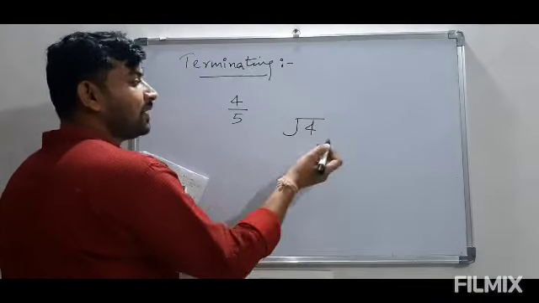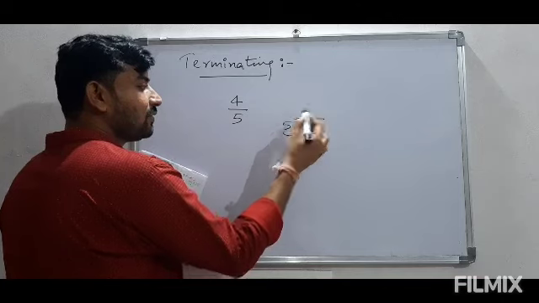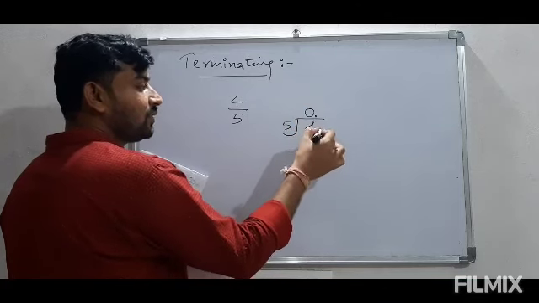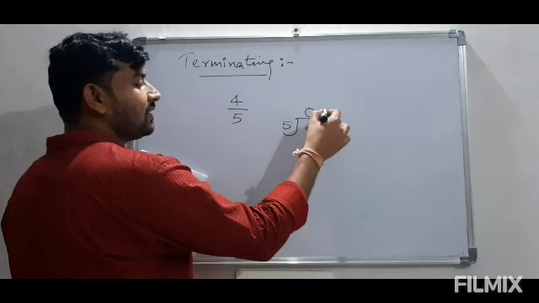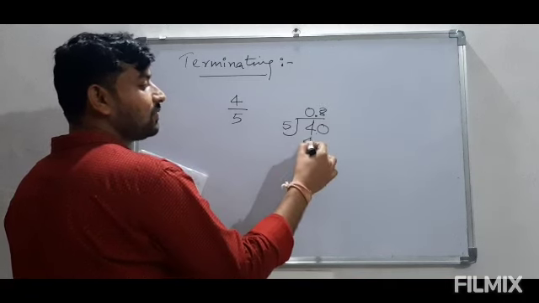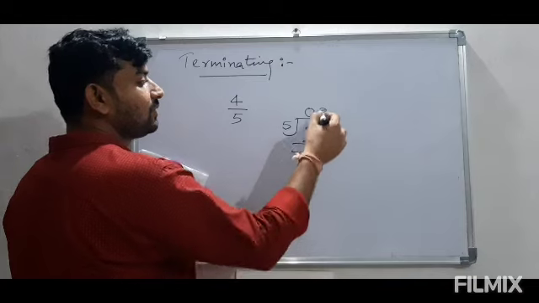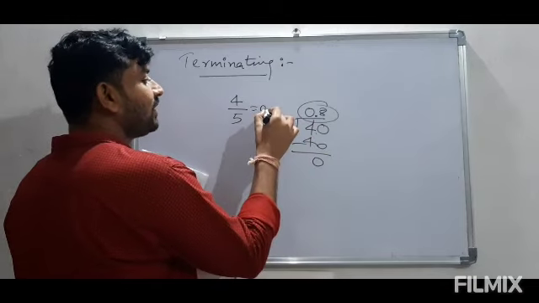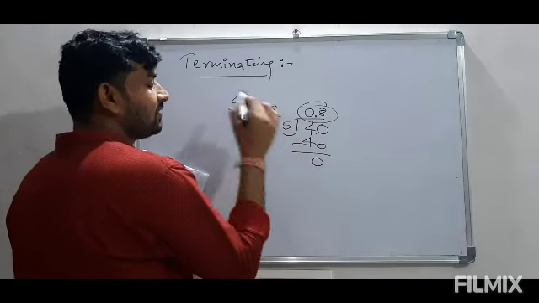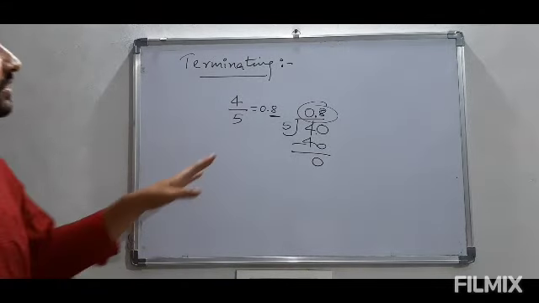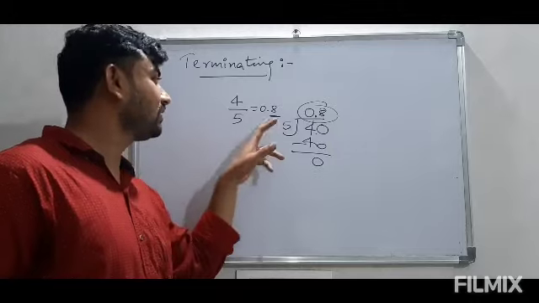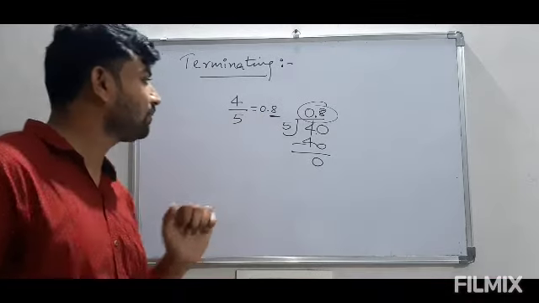We have to divide the numerator by the denominator. We cannot divide, so we write 0 and we put a decimal, then it can be divided very easily, 8 times. So we get remainder 0. So the answer is 0.8. The decimal part is 8. So it is terminating after only one decimal place.